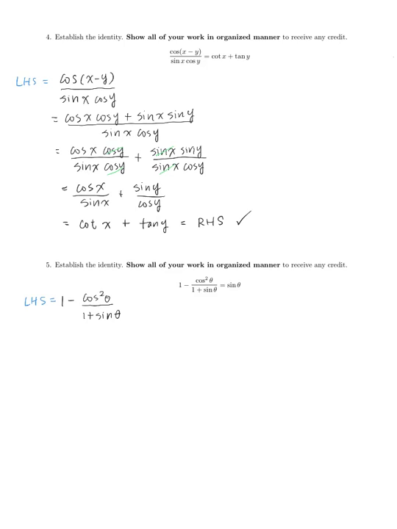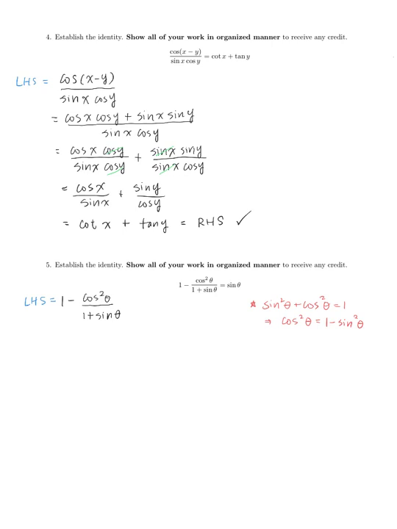So please note, you're going to have to memorize this, right? Remember, sine square of theta plus the cosine square of theta equals 1. So that implies that cosine square of theta is 1 minus sine square of theta.